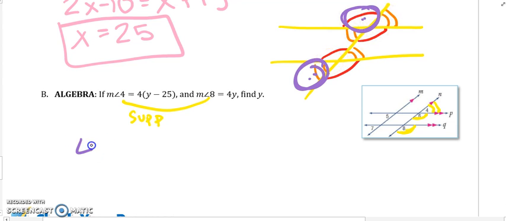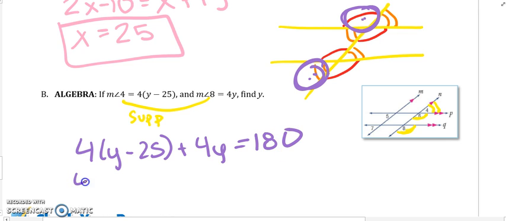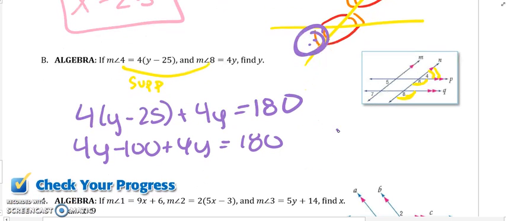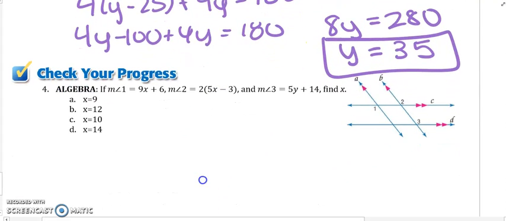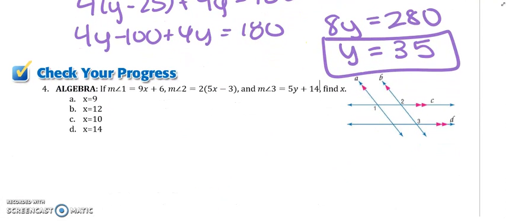So these two are supplementary, so I'm going to take this and add them up to 180, and we'll distribute. I'm going to combine like terms. And at the same time, I'm going to add 100 over, and y is 35. Great. Now pause and check your progress on your own.